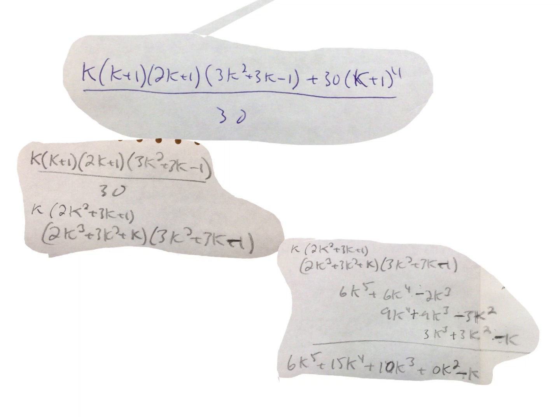So to multiply, I just distributed the 2k cubed through and got that line. Then I distributed 3k squared through and got that line. And then I distributed the k through and got that line. Then I mushed them all together, and that's what I got. And I just included the 0k squared just so I knew I didn't lose it. I didn't need to do that.